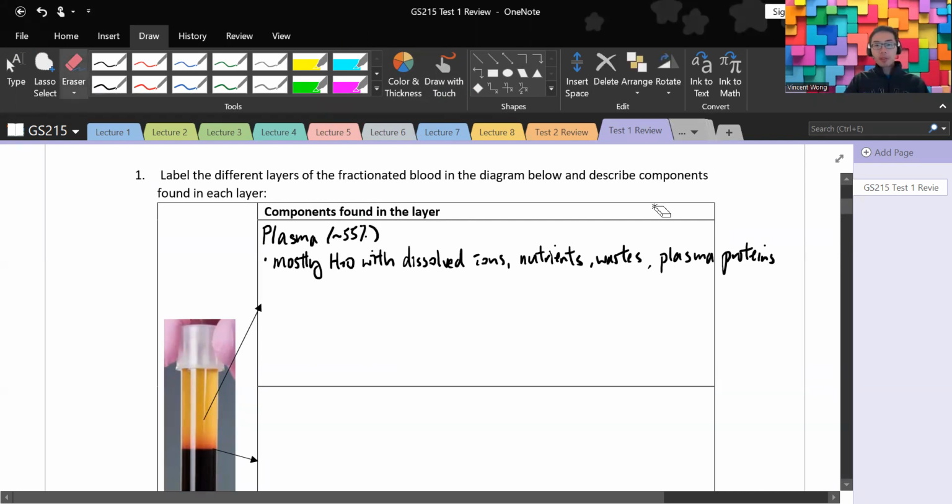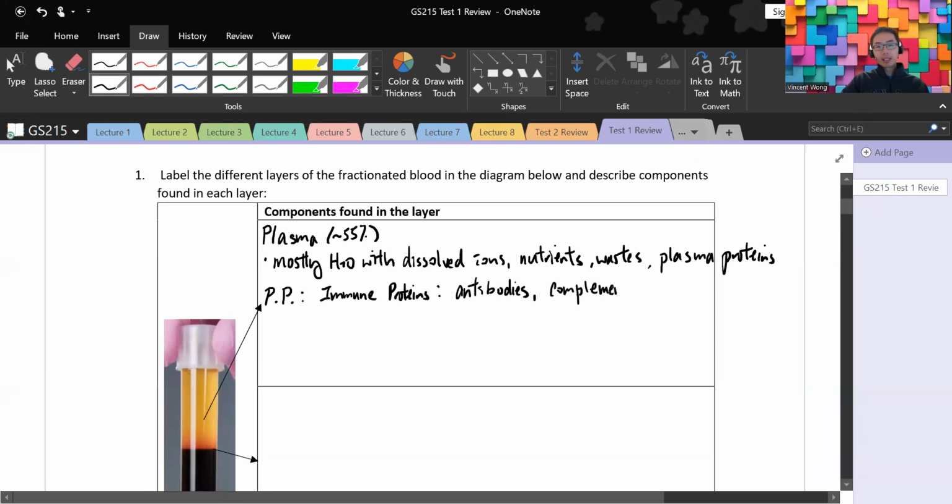Now let's talk about some of these plasma proteins. We call them PP, right? Plasma proteins. We have proteins that are essential for the immune system. So immune proteins, such as antibodies, and we have things like complement proteins.